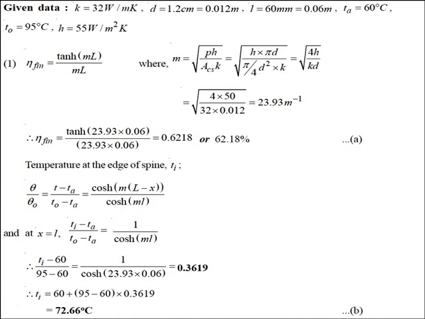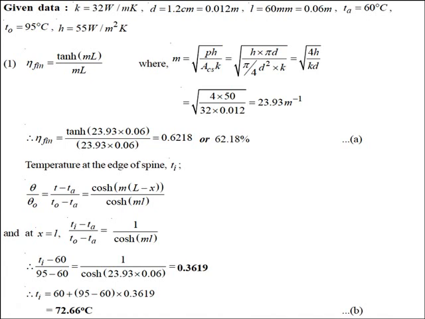So friend, we can see here the first case, the fin efficiency, that is ratio of tanh(mL) to mL, where m we know is a fin constant, that is under root of Ph divided by Ak, and upon putting the values we will get 23.93 meter inverse.